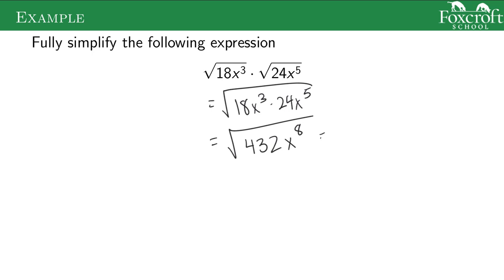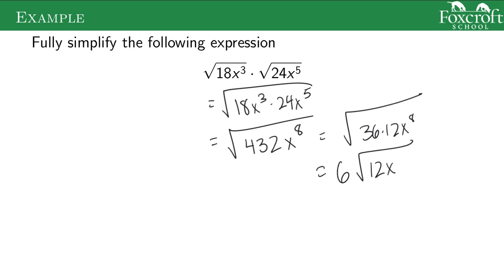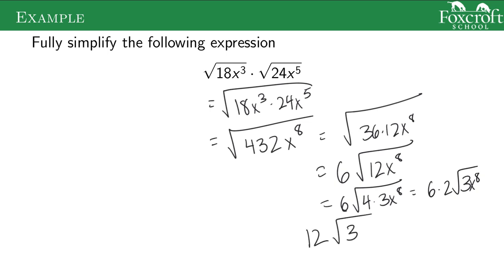So this is 36 times 12, and the square root of 36 is 6. But 12 we can keep going. I know 12 is divisible by 4, and the square root of 4 is 2. So that's going to give me 12 square root of 3x to the 8th.